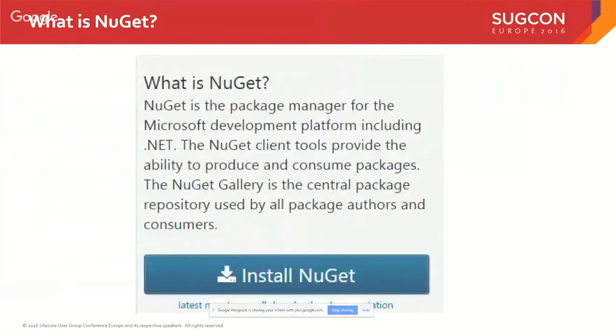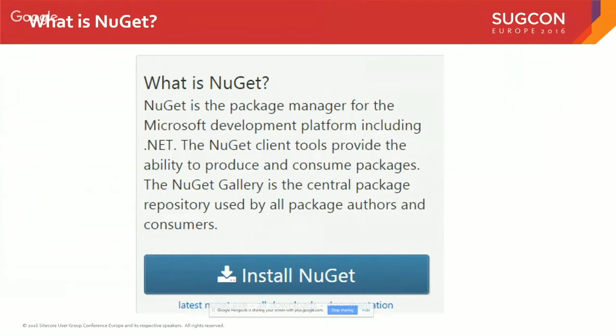Essentially, NuGet is a package manager for .NET development. The tool itself can help manage dependencies of other packages and pull in content and libraries into your solution. In particular, what we're going to look at is bringing in DLLs for references in our code.